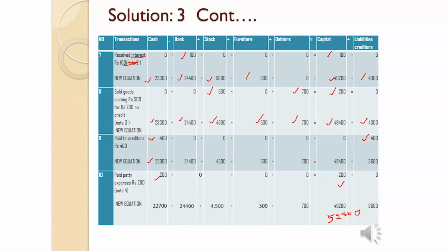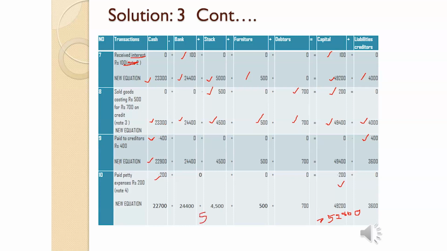So 52,800. Now you have the asset side here, 27,700, 22,700 plus 24,400 plus 4,500 plus 500. So totally 52,800.